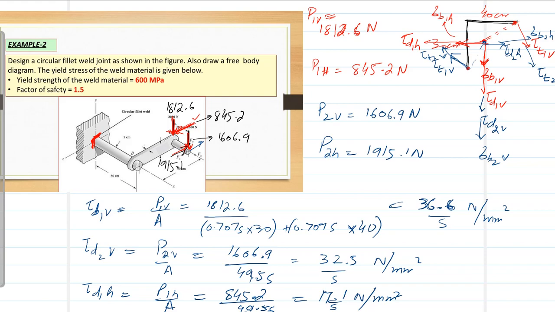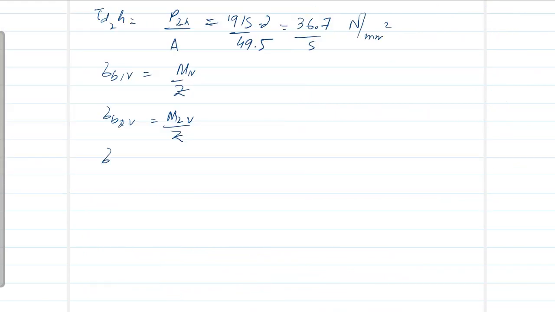So sigma B1H is equal to M1H by Z, and sigma B2H is equal to M2H by Z. Now Z is the same for all because the weld is the same.